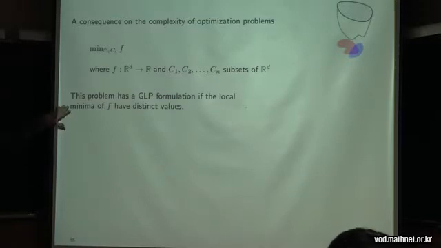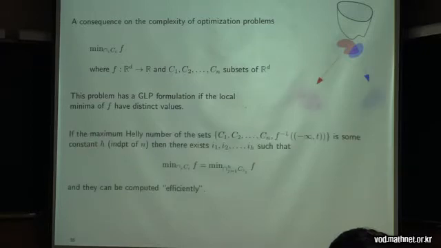Okay? If this is true, then this problem is what we call GLP. So it's a generalized linear programming problem. That has a very precise consequence, which is that you can compute the minimum efficiently, provided the Helly number of those families of sets is bounded independently, uniformly.